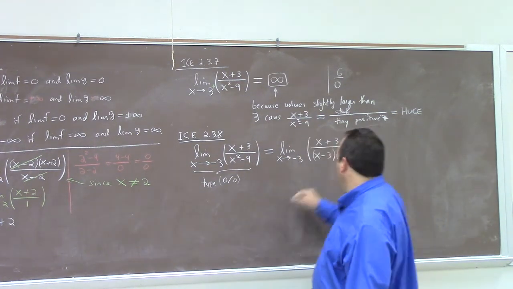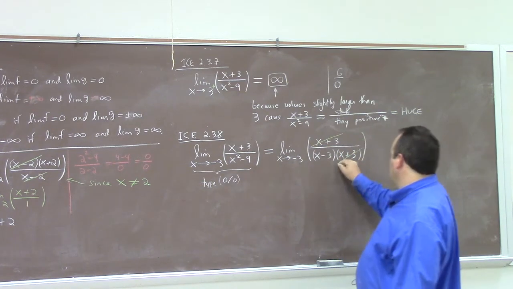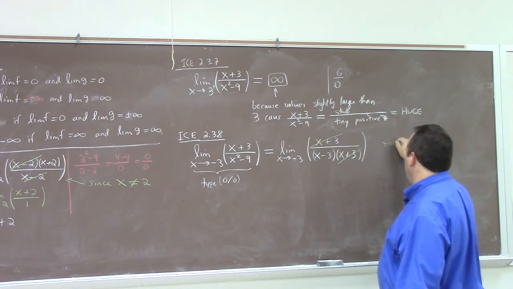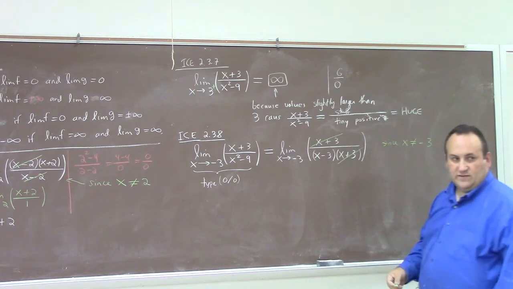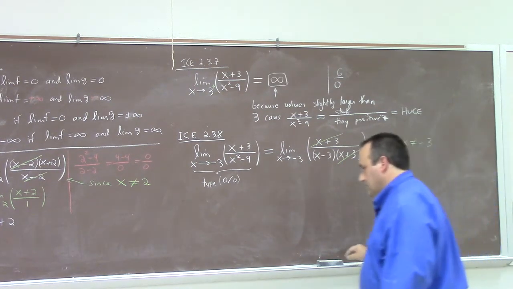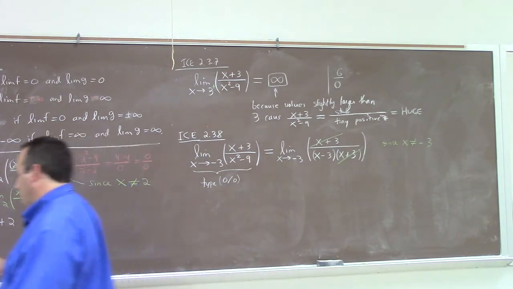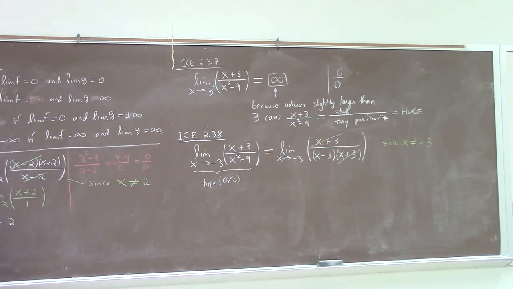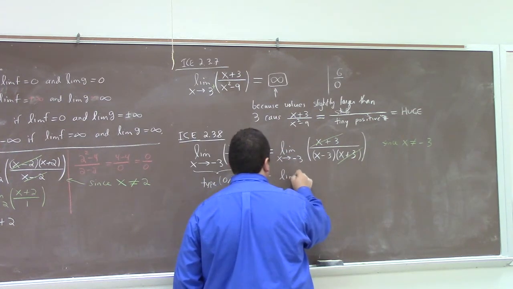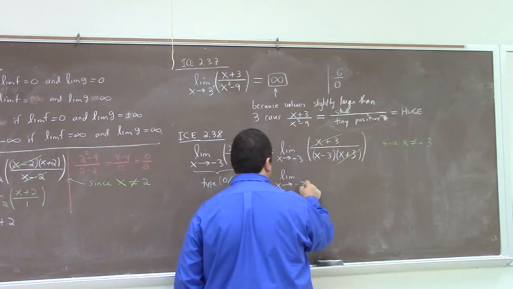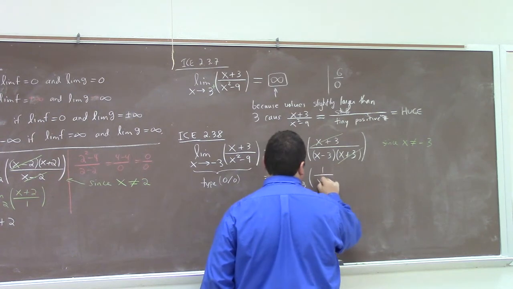And then so now we can do what? We can cancel these guys since x is not equal to minus 3 in the limit. We haven't changed the value of the limit by doing that algebra step. And so what we're left with, of course, is the limit as x goes to minus 3 of 1 over x minus 3, right?